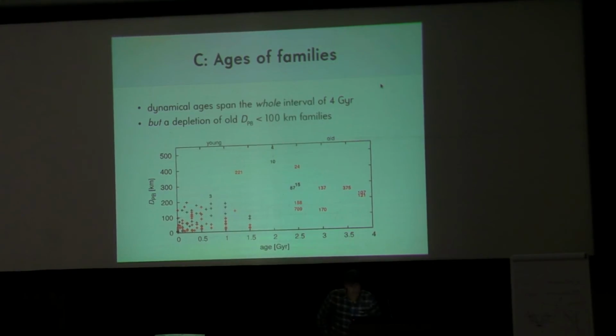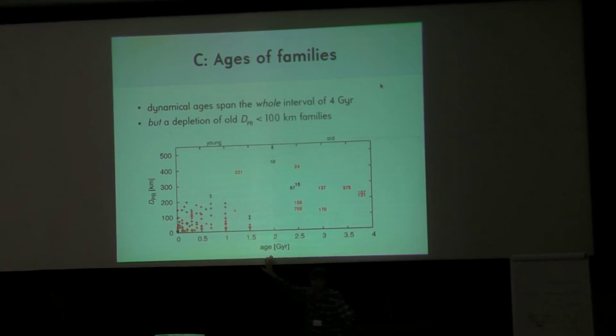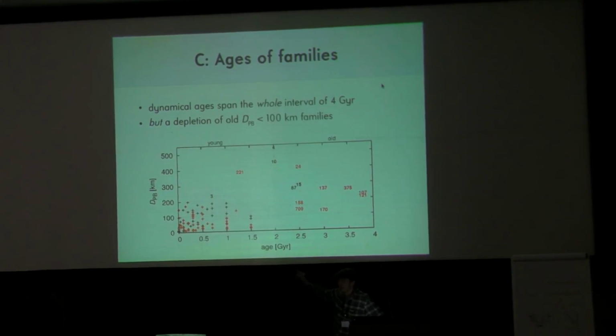Let us see the ages. Of course, we can try to plot ages versus parent body sizes. Well, what is the age? Actually, this is the upper limit of the age using the so-called V-shaped envelope. In most cases. Some cases are modeled more properly, but something like this.